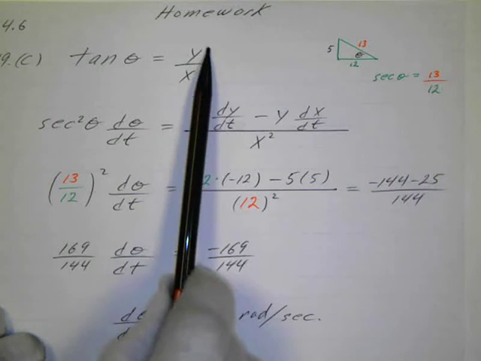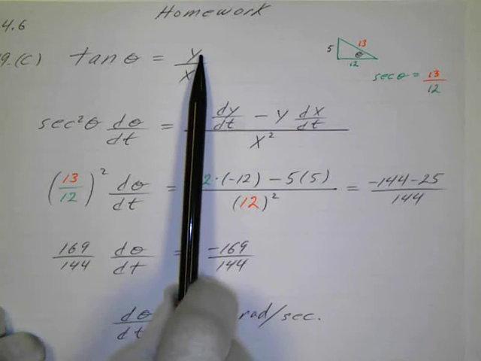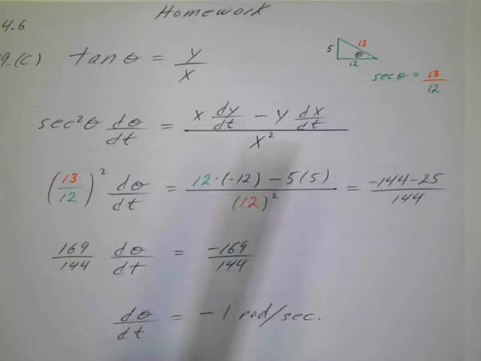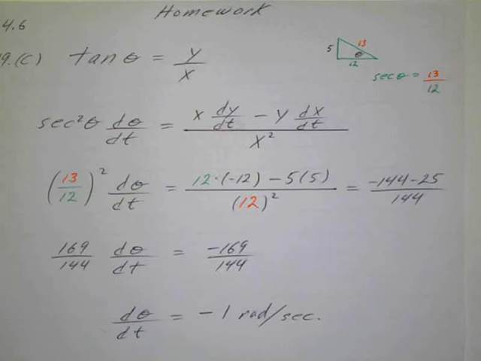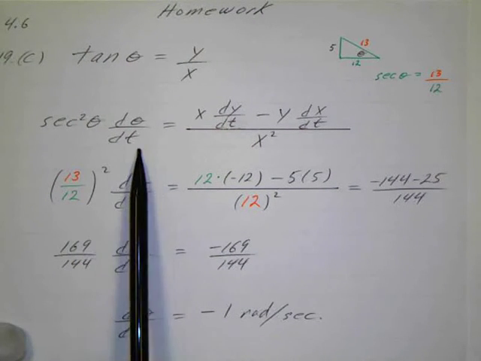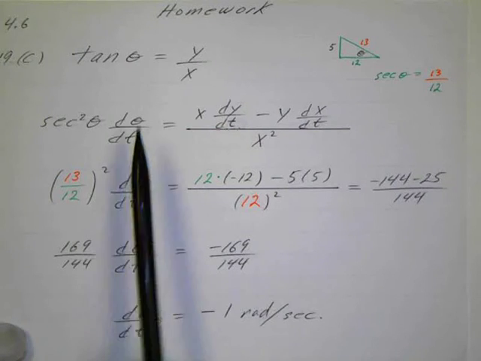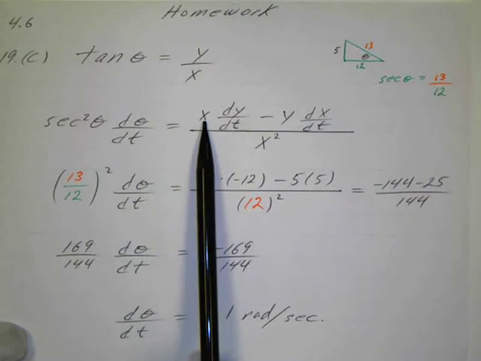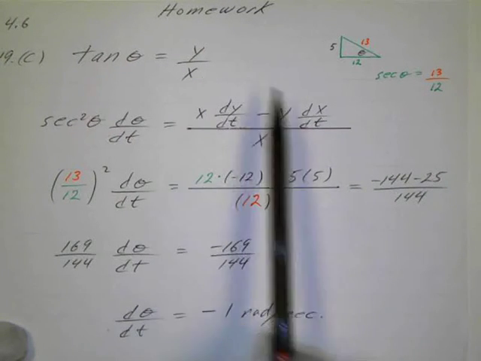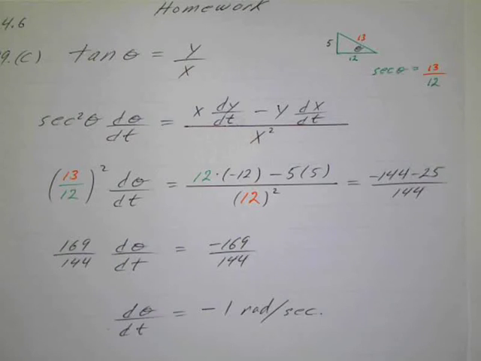But because this is a quotient, it would be a lot more complicated with the inverse tangent because of my chain rule, so it's a little better in this case to use the secant squared. Because we're taking the derivative with respect to t, I'm going to use the quotient rule: low d high dy dt, less high d low dx dt, over the denominator squared below. So remember the quotient rule.